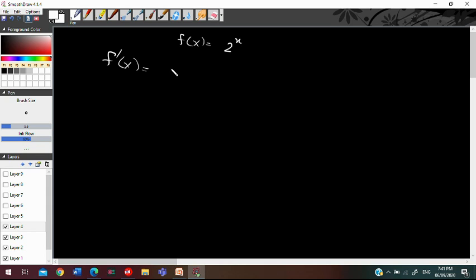Okay, 2 power x means we have 2 power x and then log of 2. This is the derivative of 2 power x, or you may write it like log of 2 into 2 power x.